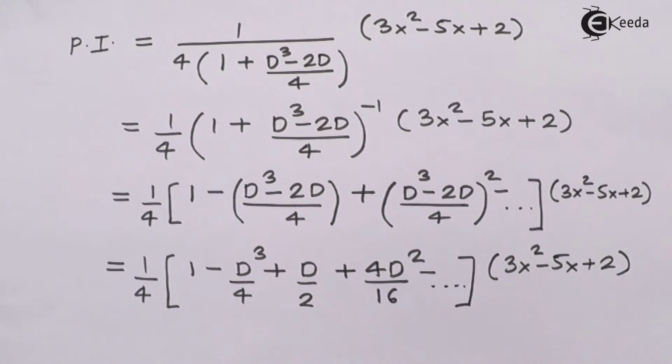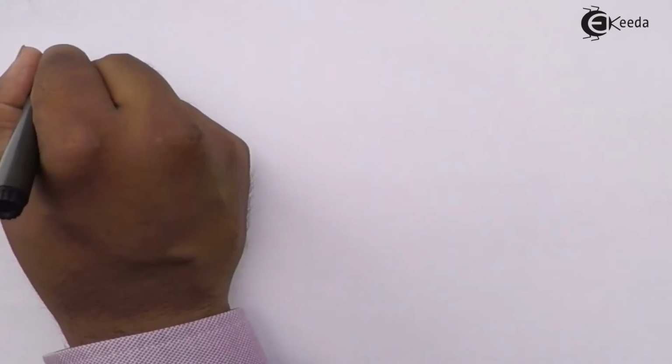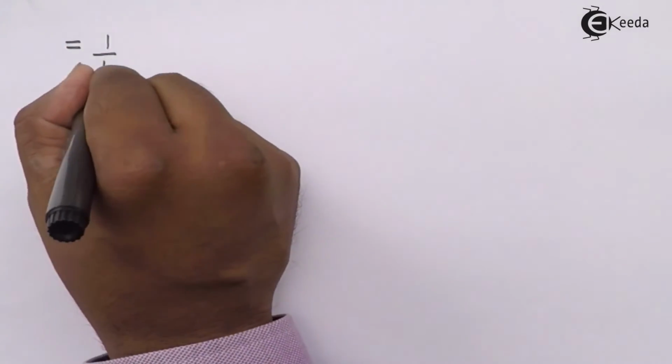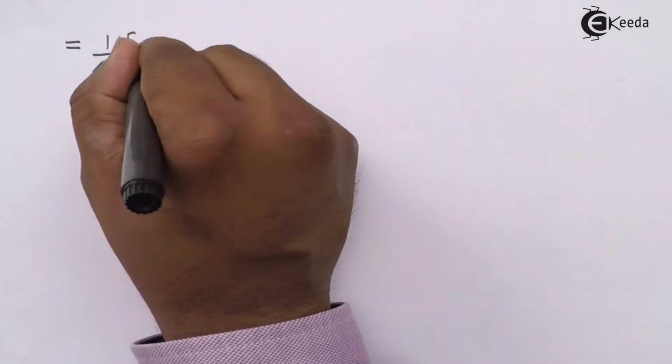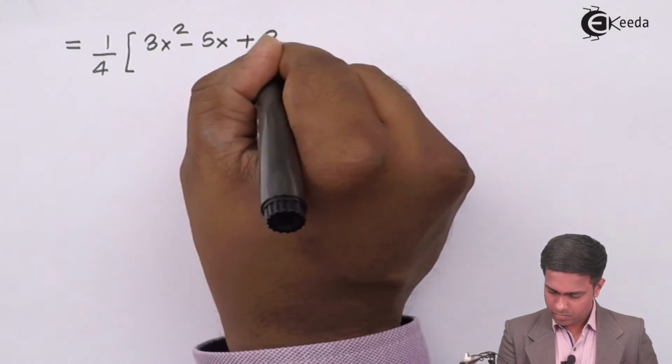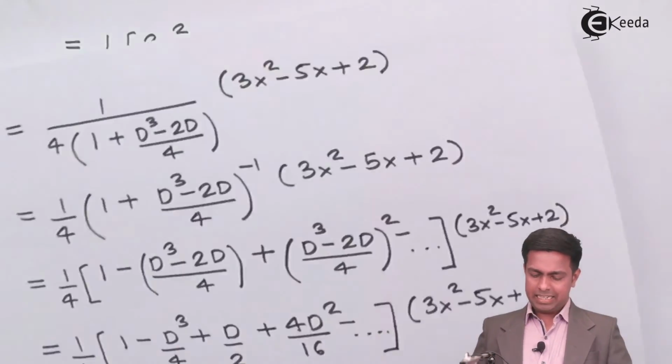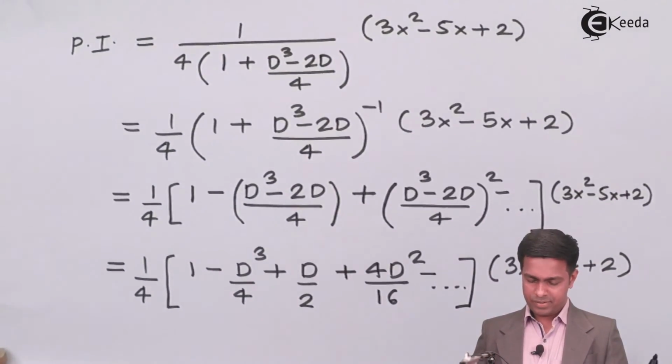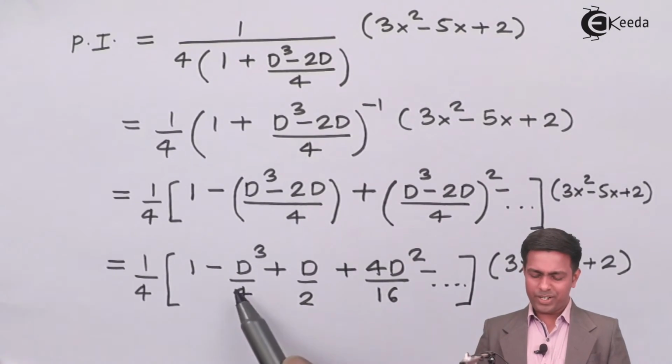Now let's find out the value. So 1 into this right hand side will be as it is. Then we'll find out the third derivative.